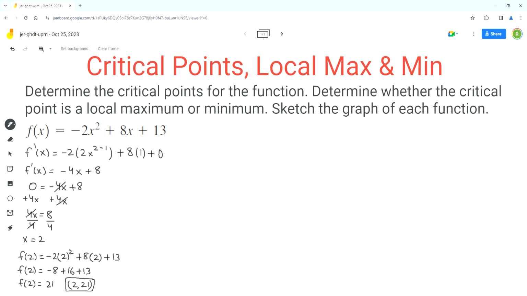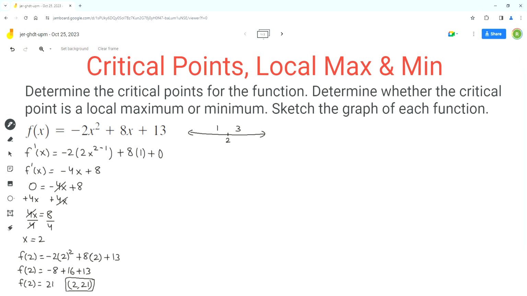We'll start by drawing a number line and we can show the critical number, x as 2. So this critical number divides the number line into two parts. So we can use a test value from each part. On the left side of 2, we can use the test value 1. And on the right side of 2, we can use the test value 3.